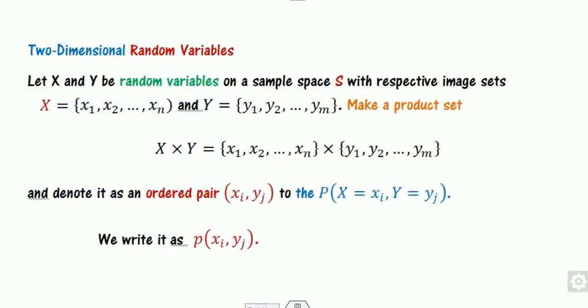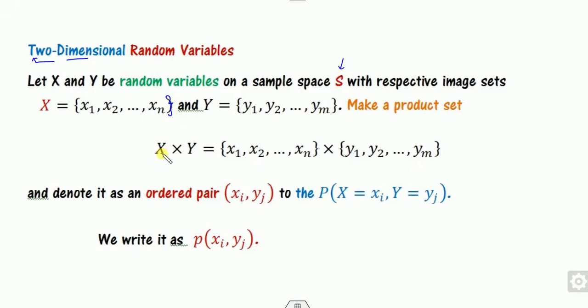So what is the two-dimensional random variable? As the name suggests, it's two-dimensional. It means if I consider two random variables x and y on the same sample space S, then the image set of x is x1 up to xn and of y is y1 up to ym.